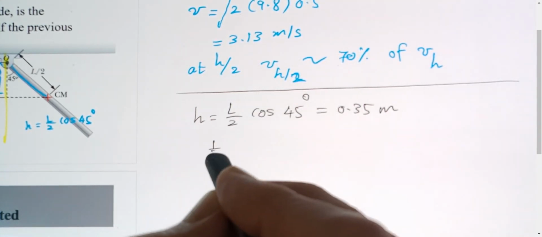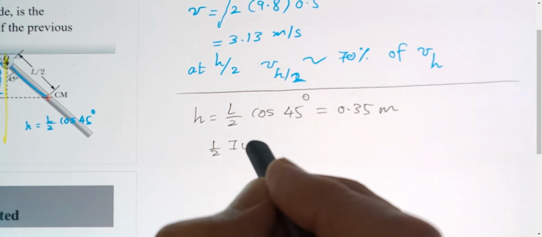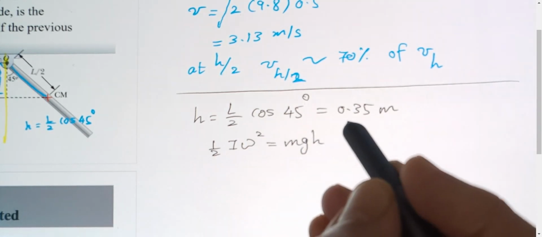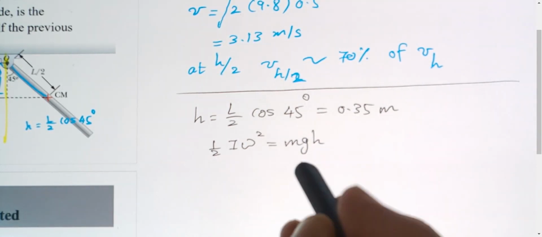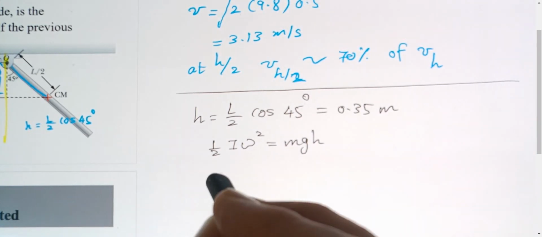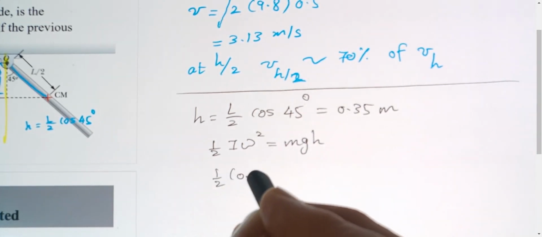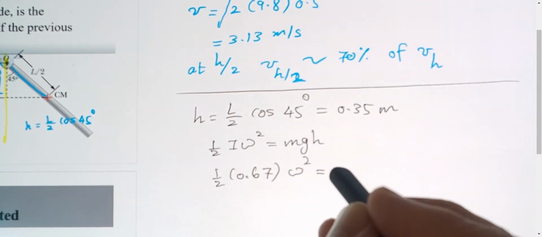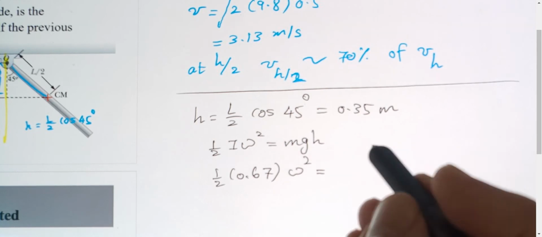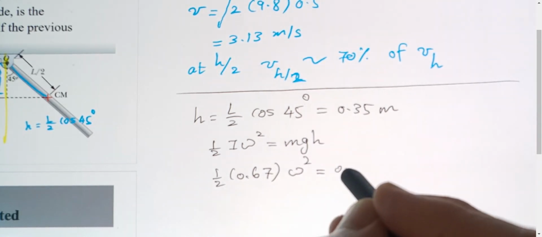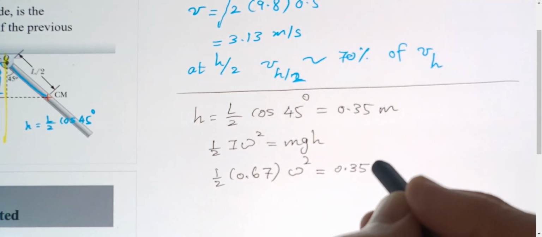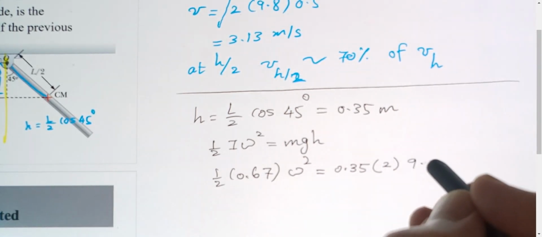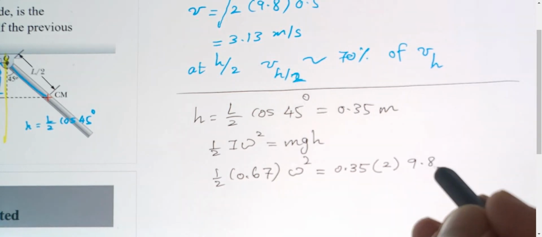So we have half I omega square is equal mgh. So we just put the numbers: 0.67 omega square is equal 0.35 meter multiplied by the mass, which is 2, and multiplied by g, which is 9.8.